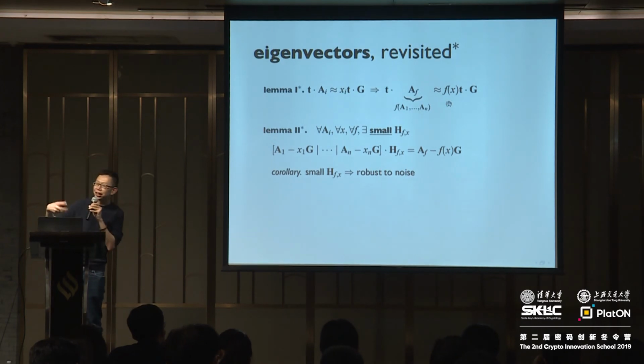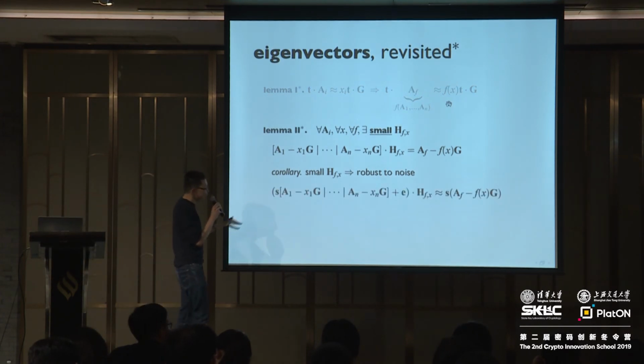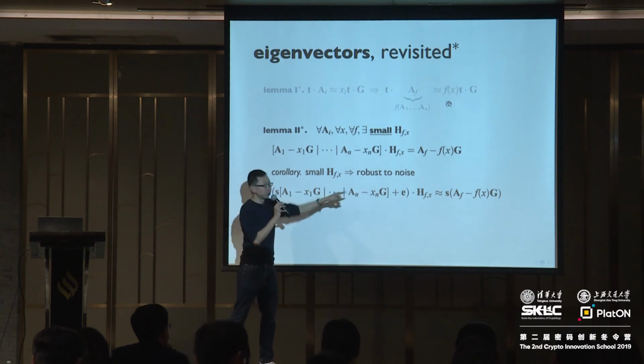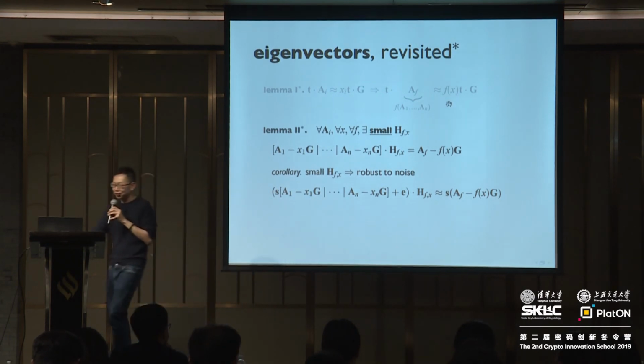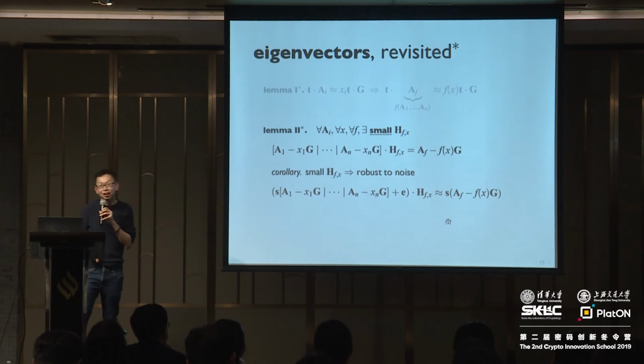And this is a different way by which you can derive our earlier result. Another corollary is that it implies a version of this statement where you have some algebraic secret multiplied by this and some extra noise on the right hand side, as an additional term, just because e times small times small is again small. And this is going to be useful later for the design of other advanced cryptographic primitives.